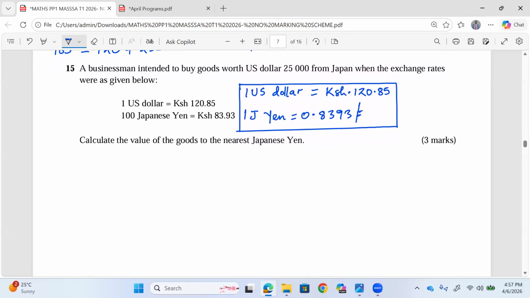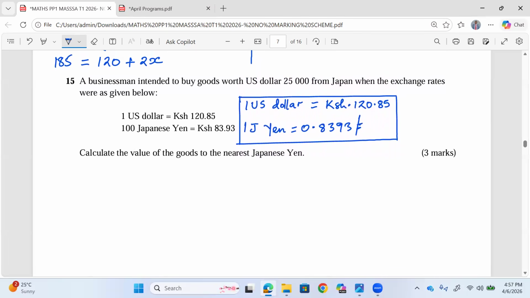Now, because US dollars are not connected to Japanese yen directly, we have to pass through the Kenya shilling. So we say 1 US dollar equals 120.85 Kenya shillings. What about when the US dollars are 25,000?